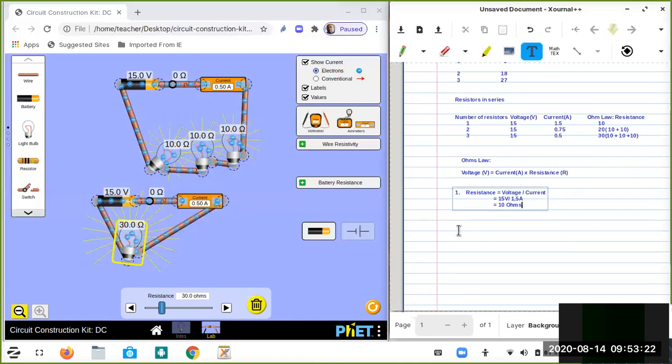Then when we go to number 2, let's check number 2. Again, using the same formula. Here we are calculating one resistor that we can use to replace the resistance in setup number 2, where we had 2 resistors. Again, resistance is equal to voltage divided by current.